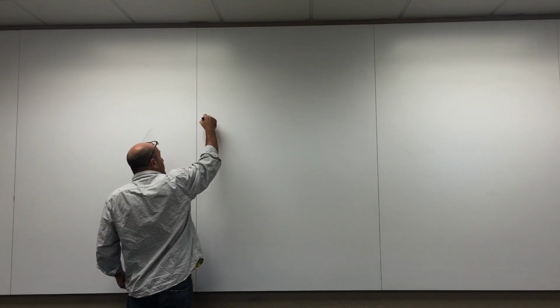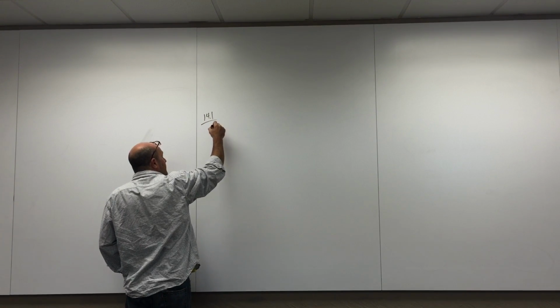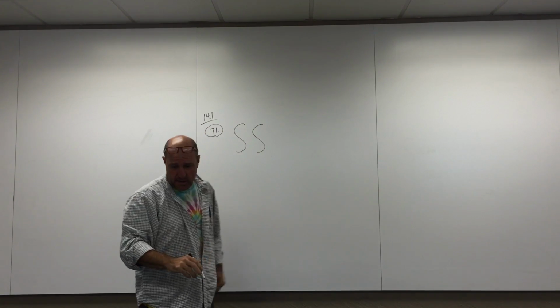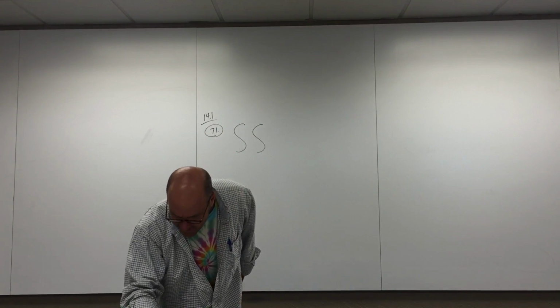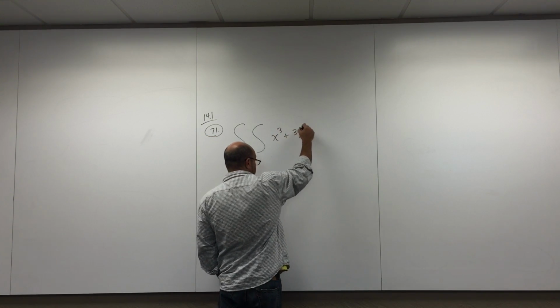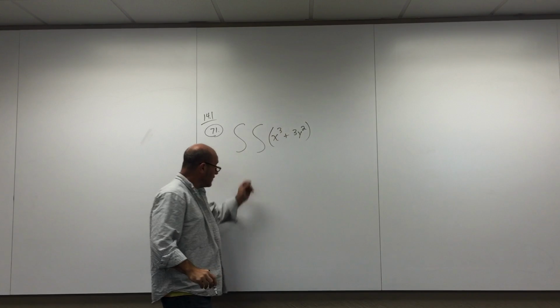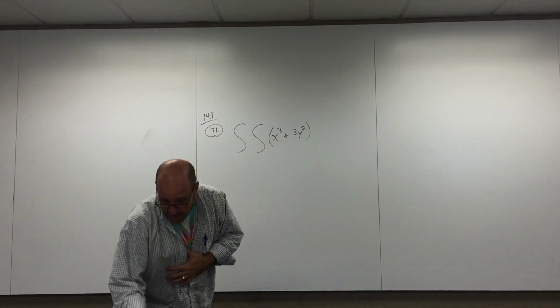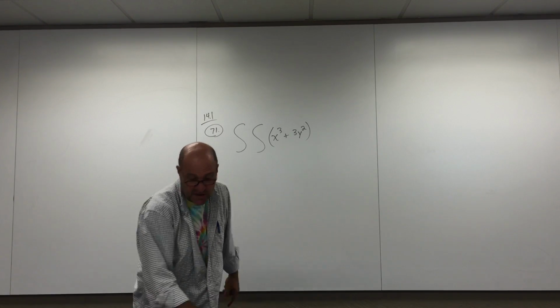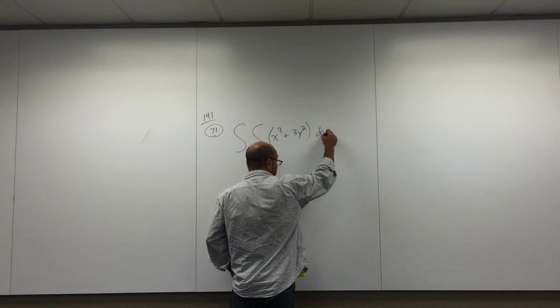Okay, so maybe just for the purposes of warming up, in 14.1, I've just found a problem, 71. It's a double integral, and the function is x cubed plus 3y squared. The order of integration is dy dx.